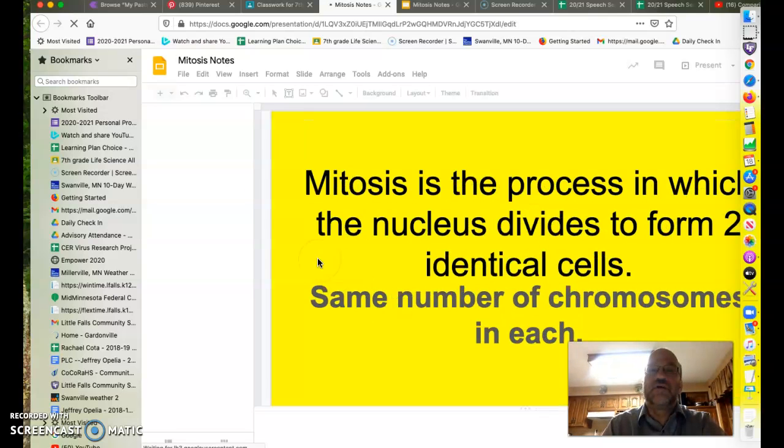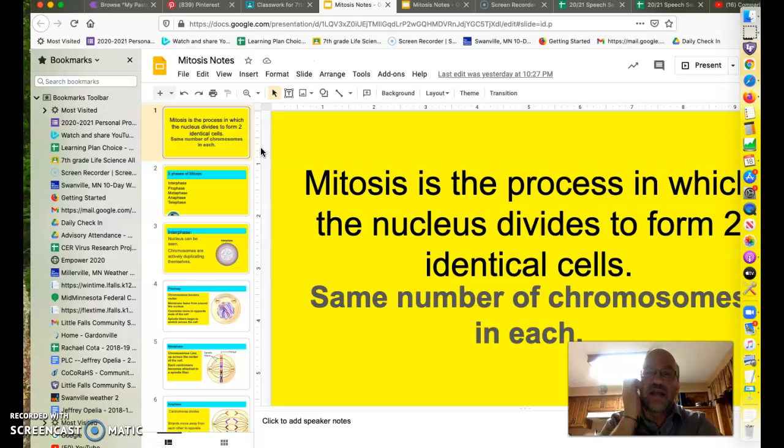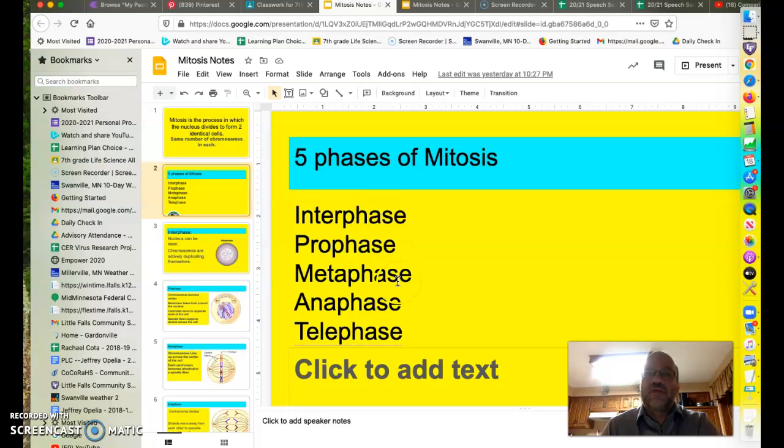We have mitosis, the process in which body cells duplicate. Body cells are constantly duplicating. One parent cell goes through these 5 phases: interphase, prophase, metaphase, anaphase, telophase.